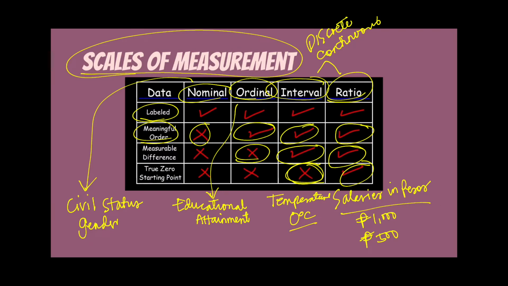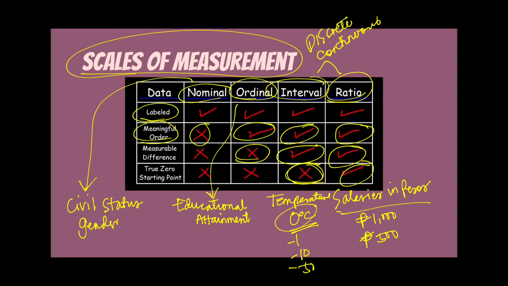Zero here really just means cold, because we have negative 1 degree Celsius, negative 10 degrees Celsius. If you go to Antarctica, you can go to even negative 50 degrees Celsius. So there's no true zero starting point.